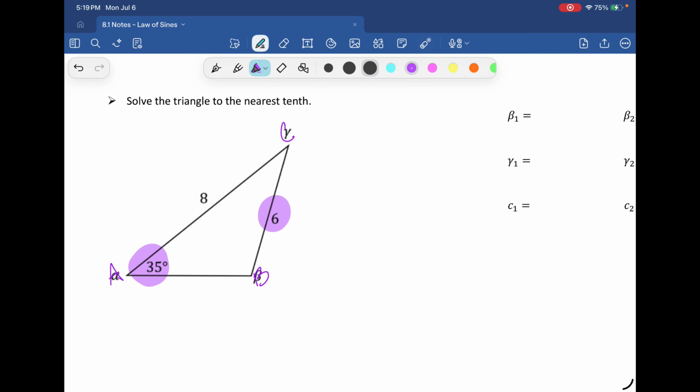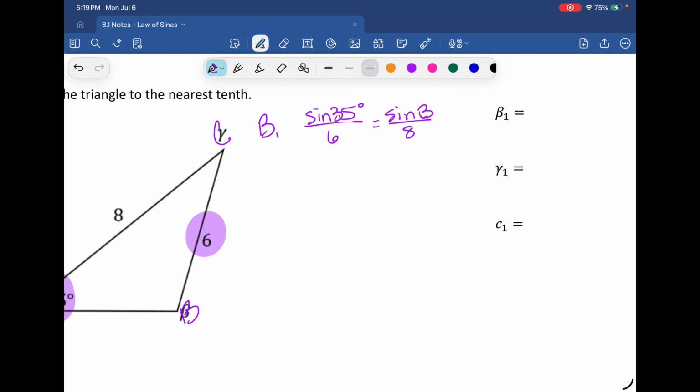Okay. We're going at it with the assumption that there's two triangles. So we're going to call it B1. Finding angle B1, we use the law of sines. Sine 35 degrees over 6 equals sine B over 8. Cross multiply.